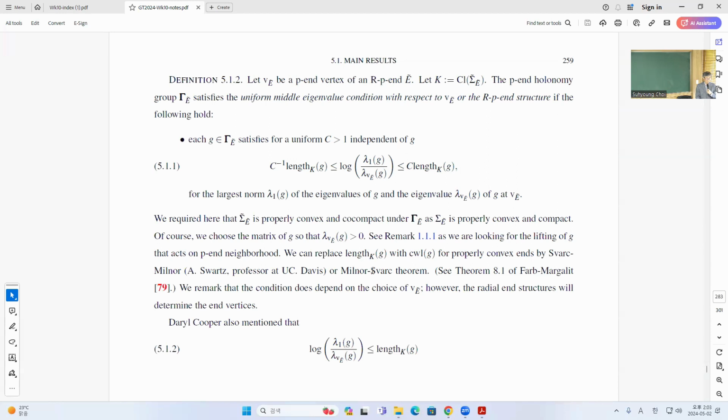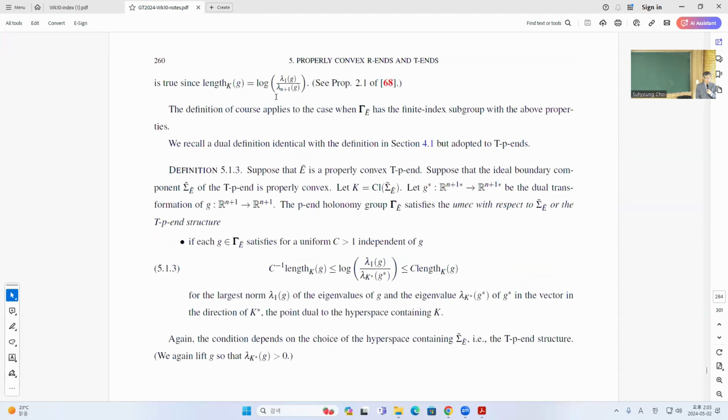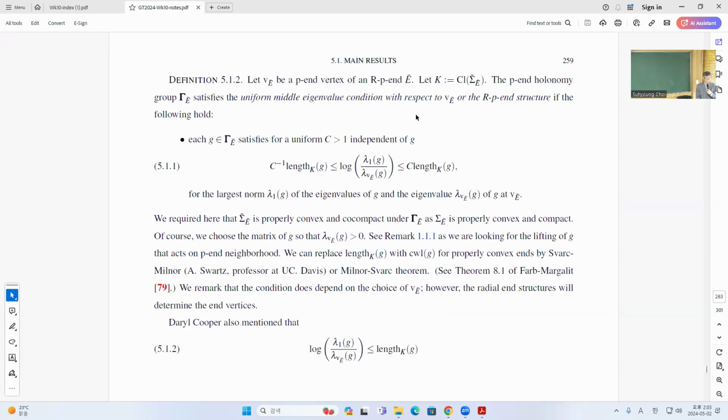Okay, so actually I think C here could be replaced by 1, but not here, because actually you can show this is true. Because you can show that this is the smallest eigenvalue. So you can prove that in their results.